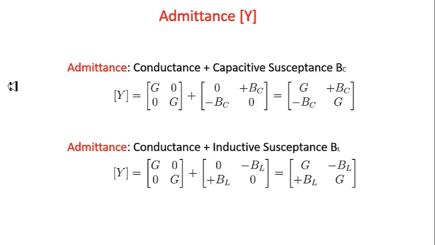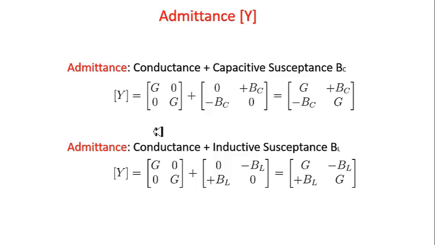And so the equations map out as follows. The G, which is now conductance, is on the forward diagonal, and the capacitive susceptance is on the backward diagonal, and the positive component is in the upper right corner, and the negative component is in the lower left corner.